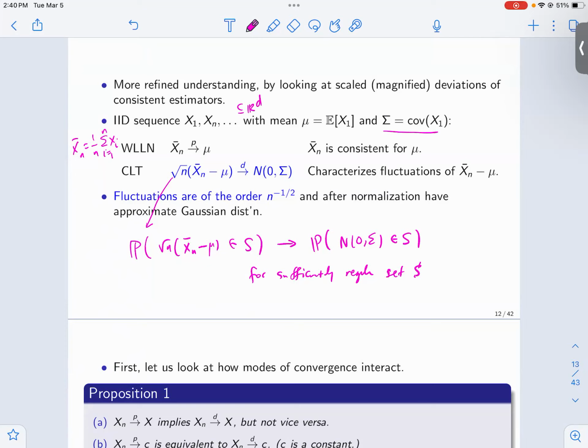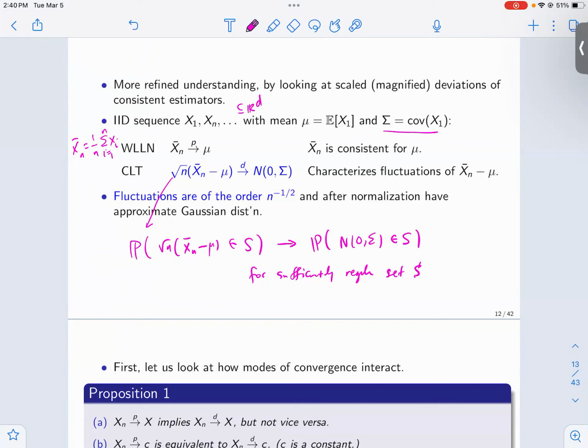Because I know, for example, the probability that this belongs to a set converges to a certain value. If the probability converges to 0.95, then I can rearrange and get a set that contains the parameter with high probability.